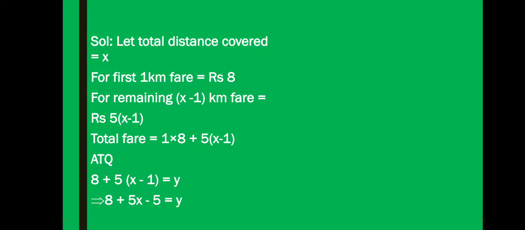Okay, you have to multiply 5 with both the numbers, and so 5 multiply 1 becomes 5, is equal to y. So this implies 8 minus 5 is equal to 3 plus 5x is equal to y.